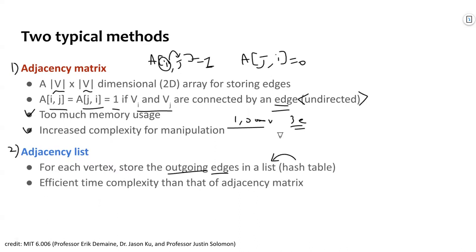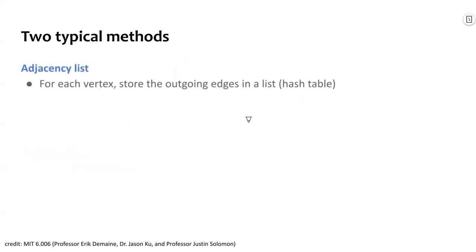And it has better time complexity than the adjacency matrix, because we only store the actual edges. So if we have just 3 edges, then we just need to use 3 slots rather than 1,000 times 1,000 slots. I'm going to show you some examples.